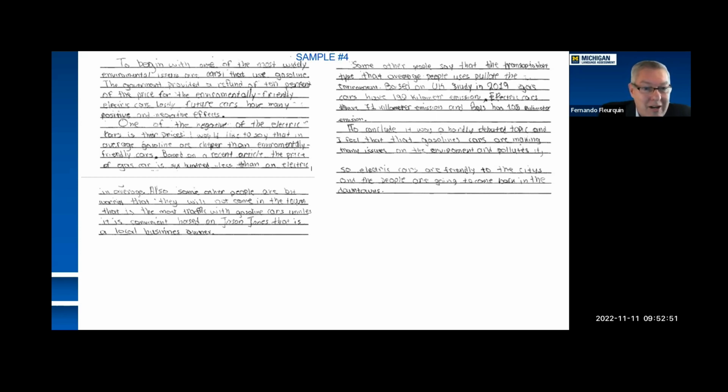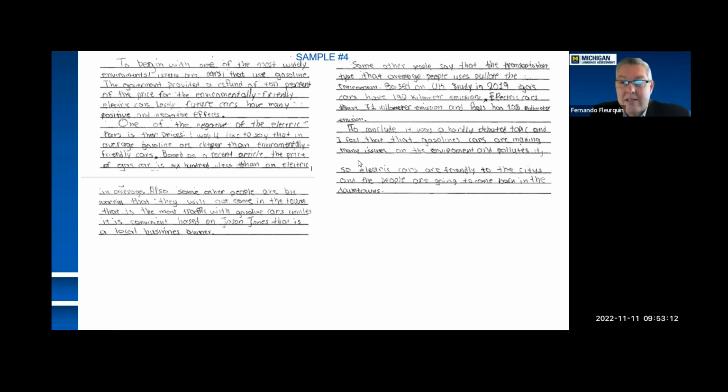Also, some other people are a bit worried that they will not come into town that is the most traffic with gasoline cars unless it is convenient, based on Jason Jones, that is a local business owner. Some other people say that the transportation type that average people uses pollute the environment.